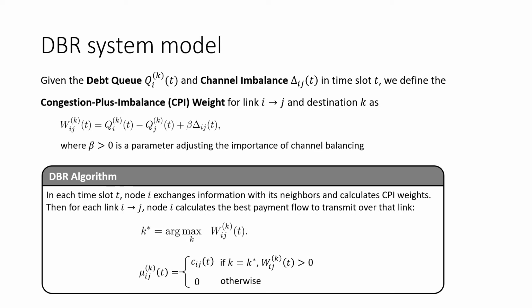And the DBR algorithm is actually surprisingly simple. So at each time slot, the node only needs to exchange its information with its neighbors and calculate these CPI weights.